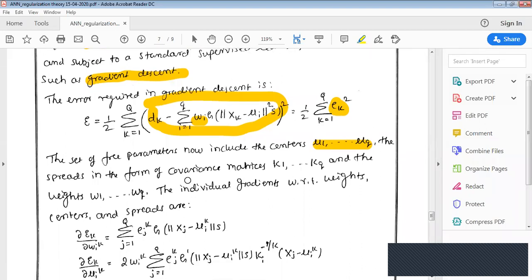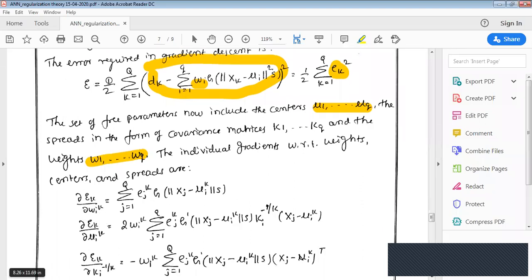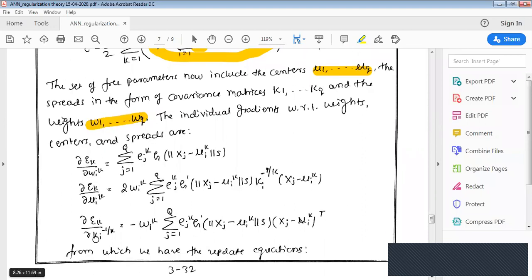You are also going to get different amounts of spreading and different weight vectors. In each iteration the weights get tuned to different values. So the individual gradients are taken with reference to the weights: dou E by dou wi is taken, dou E by dou mu i is taken, and dou E by dou sigma k is taken.